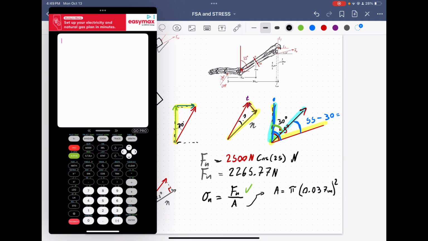But yes, so we will do pi times 0.037 to the power of 2. That gives us something small. So we know normal stress is 2265.77 over top of, we can just drag this here. I'm not going to write it out. And that is going to give us something like 2.